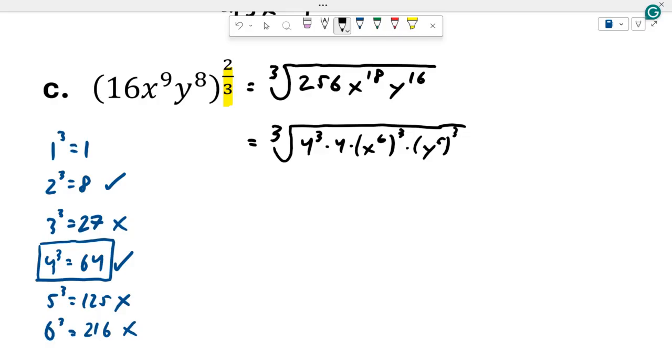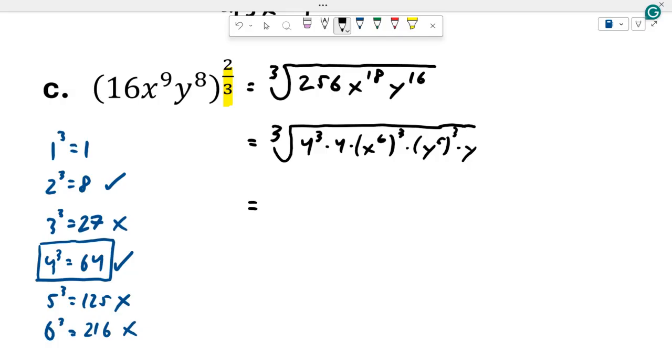So I'm able to cluster 15 of them into these groups of 5, so y to the 5th times y to the 5th times y to the 5th. But then I have this extra y, because it's y to the 16th. Because 3 does not go evenly into 16, we would expect there to be this remainder, this thing that's left.